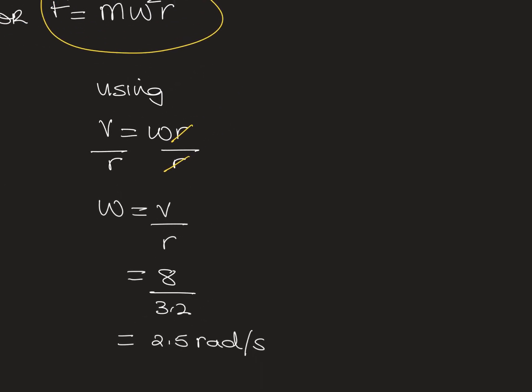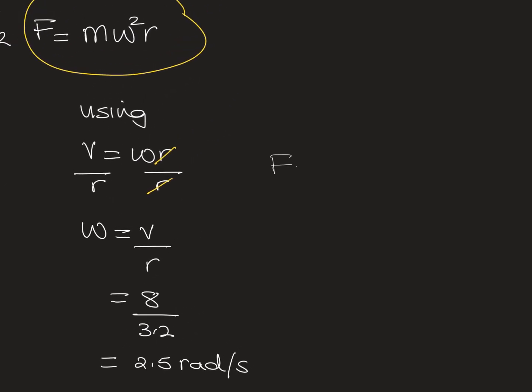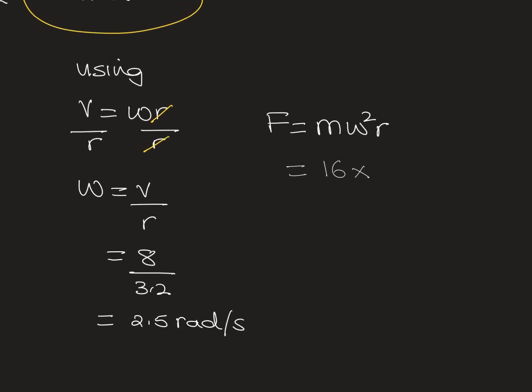Using F is equal to m omega squared r, the mass is 16, times the angular velocity 2.5 squared, times the radius 3.2.